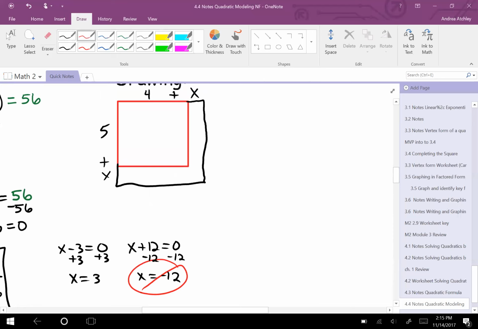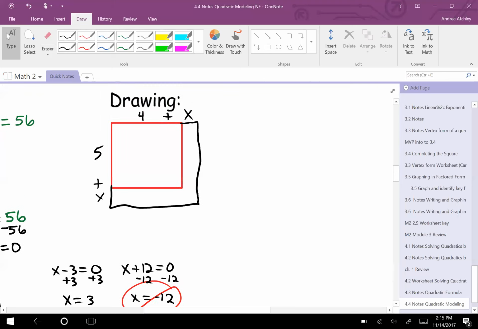What would my new dimensions be if I increase them both by 3? 8 and 7. The length would be the 4 plus the 3 to get the 7, and then the width would be the 5 plus the 3 to get the 8.